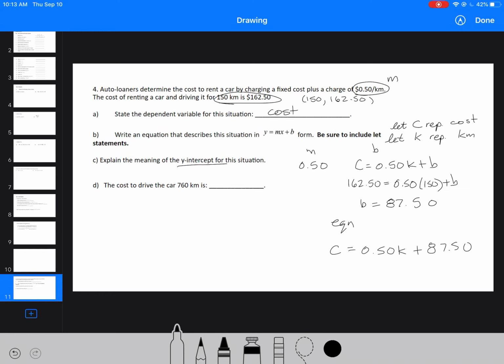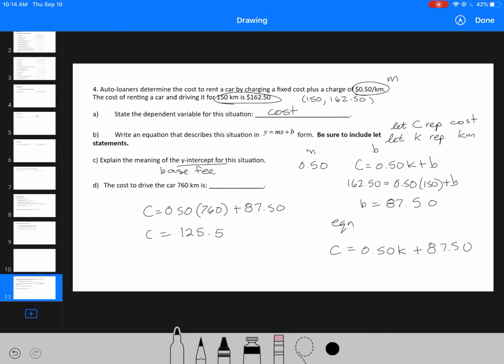The y-intercept is the base fee for renting the car, and the cost to drive the car is 760 kilometers. We can sub that right into our equation here. So 0.5 times 760 plus 87.50, so $125 and 50.